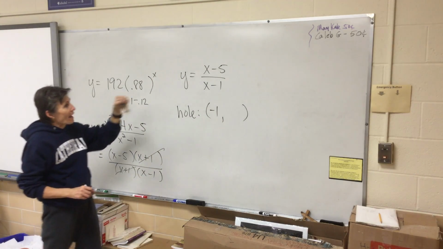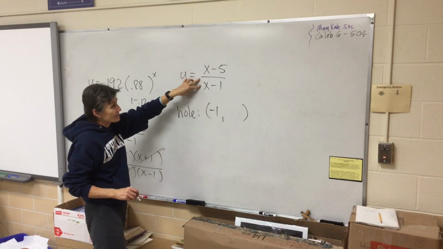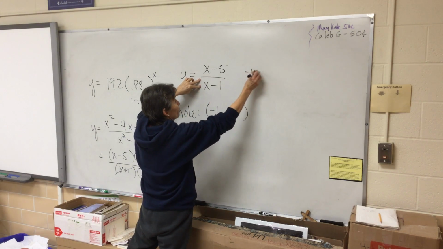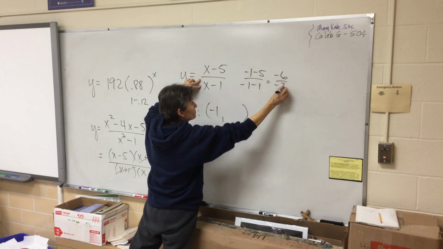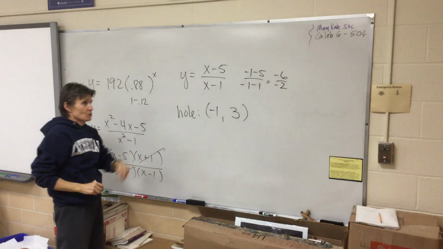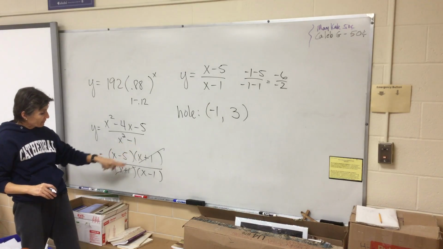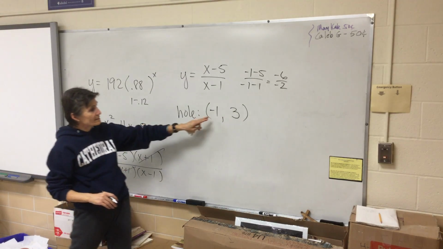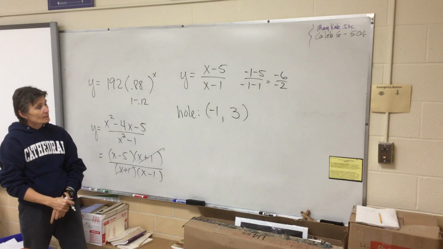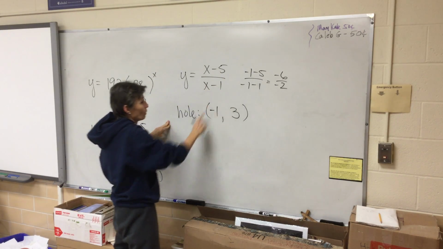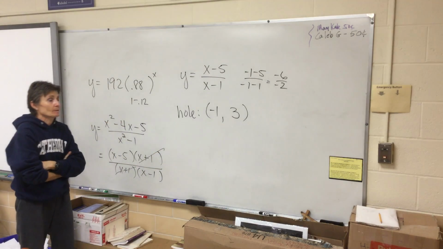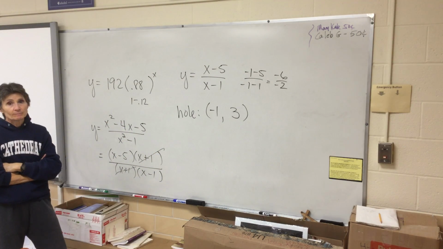So now I need to go back to my new equation, my reduced equation, and I'm going to put in negative 1. So when I cancel out x plus 1, that means my hole is at negative 1. When I plug that in, negative 1 minus 5, negative 1 minus 1, I get 3.